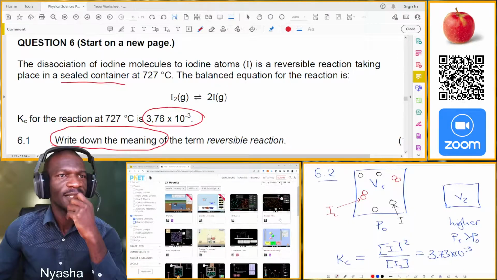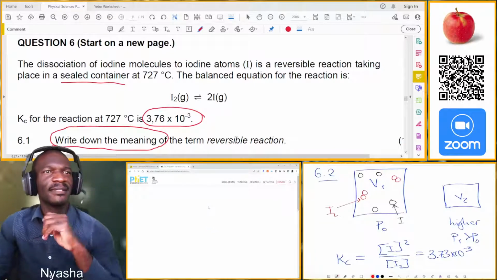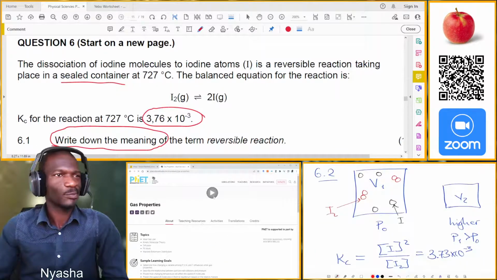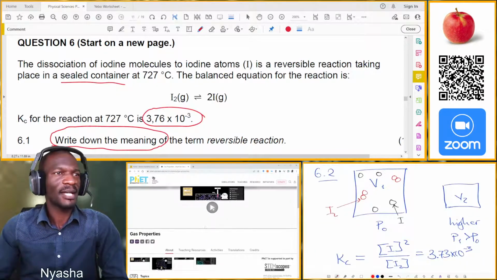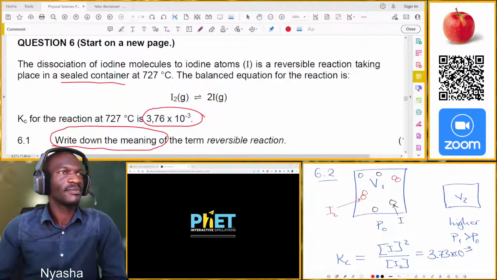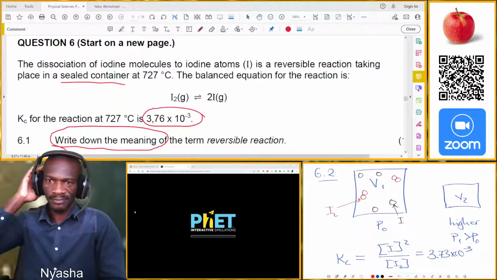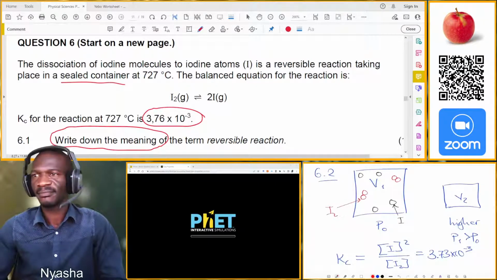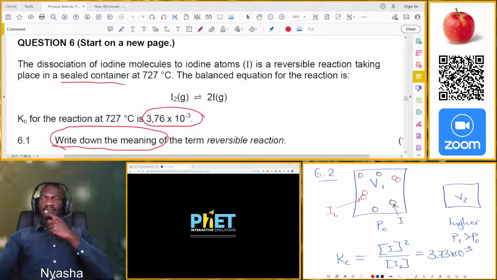So we want this container of ours. Yes, it's coming up. Give it a moment. Coming up.